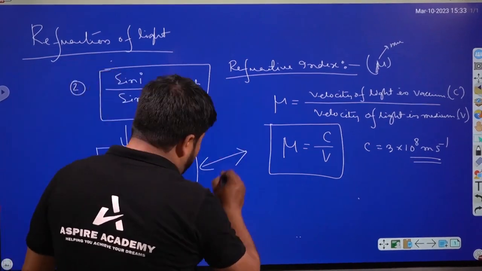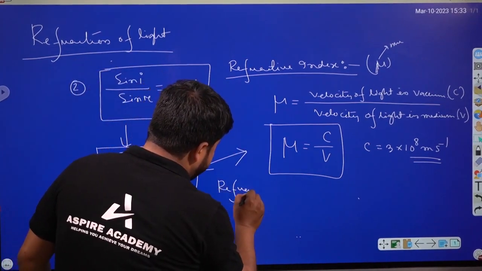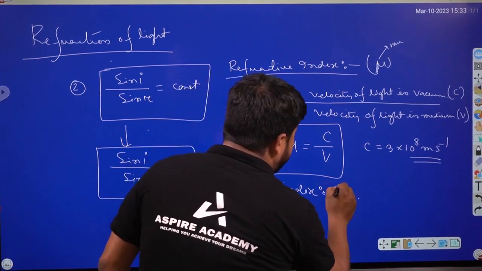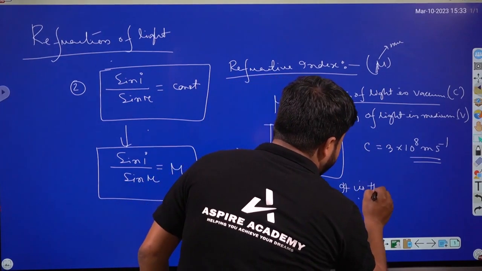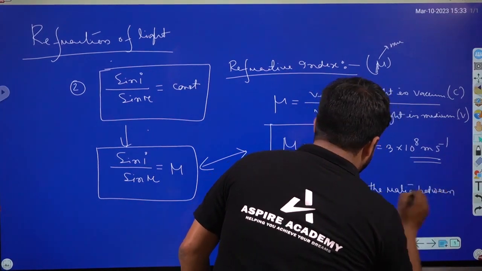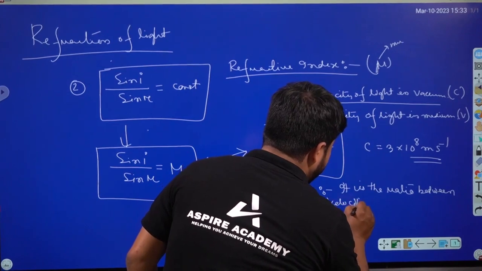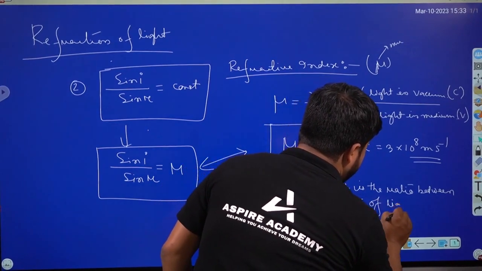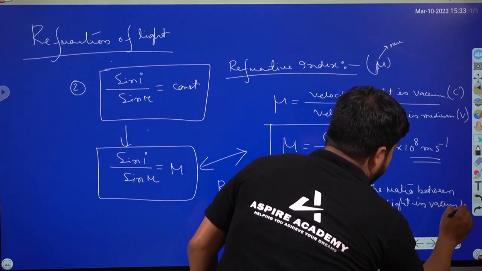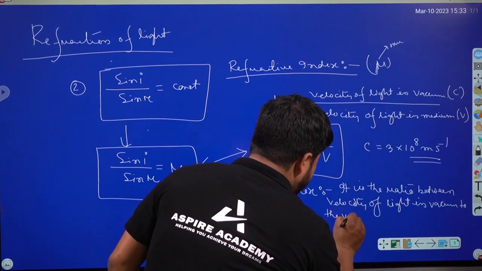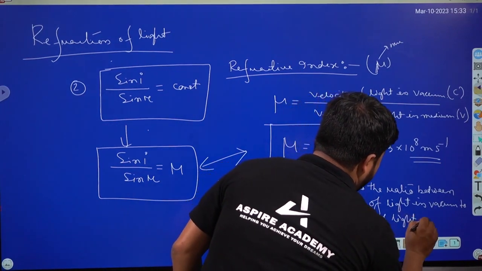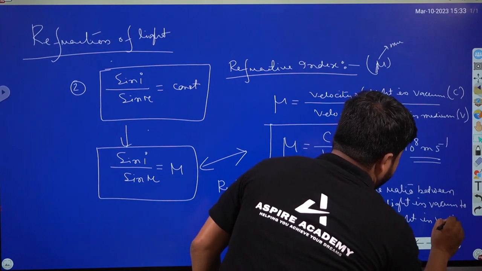So refractive index ami jodi kobo janu, what is refractive index? It is the ratio between velocity of light in vacuum to the velocity of light in medium.